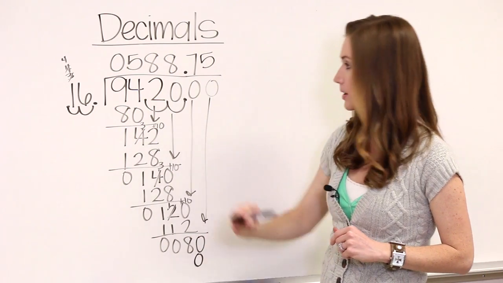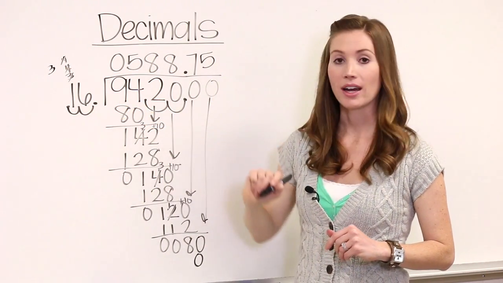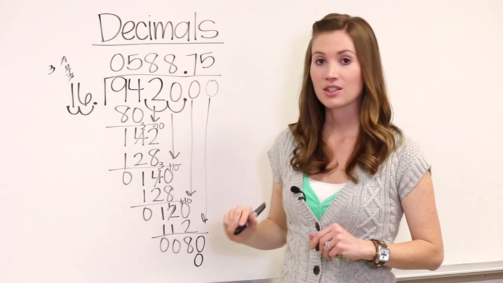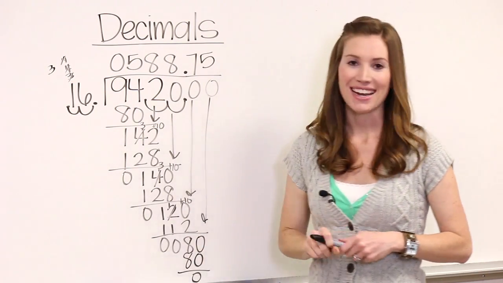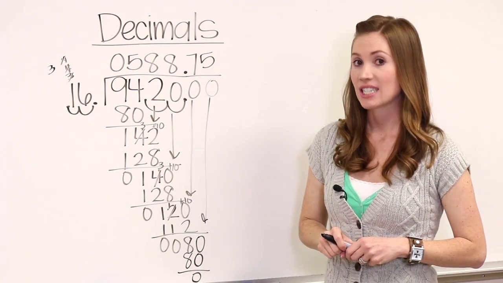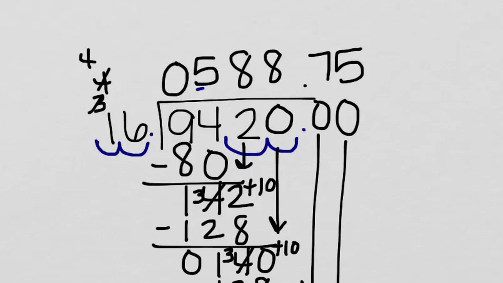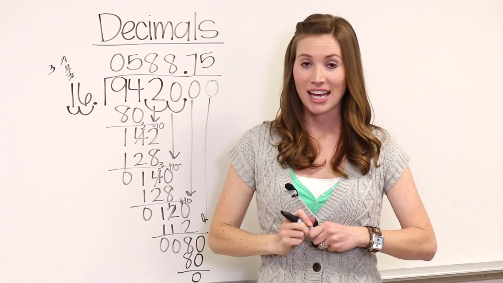We write the 0, carry the 3. 5 times 1 is 5, plus 3 is 8. 80 minus 80 is 0. Let's read our final quotient together. 588 and 75 hundredths.